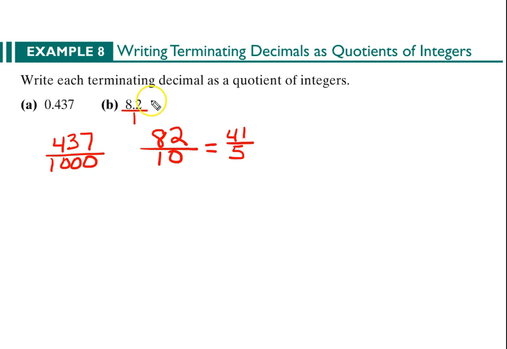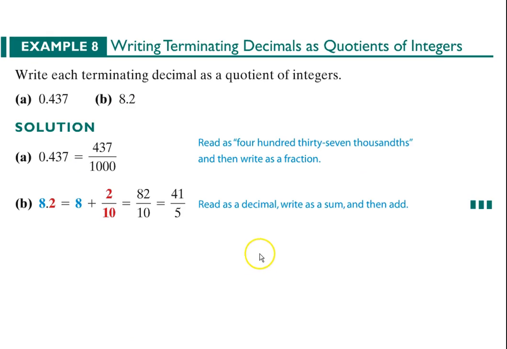So if we multiply the top by 10 over 10, this will move the decimal over 1, and we add a decimal place, and we get 8.2 is actually 82 over 10. And we can take a 2 out of each one since they are even. So this is 41 over 5. So if we were going to ask on a question like this, I would put this up on the board there on the screen, and we would simplify. All right, let's go on. And there we see it worked out.